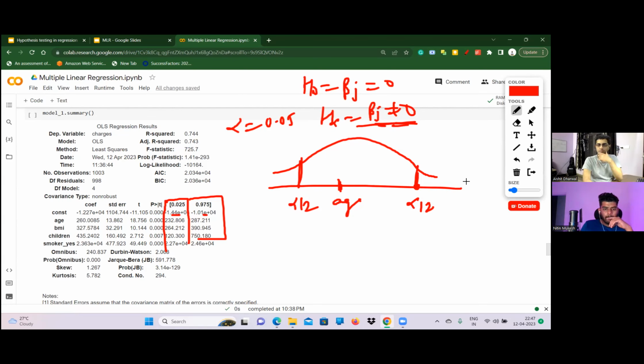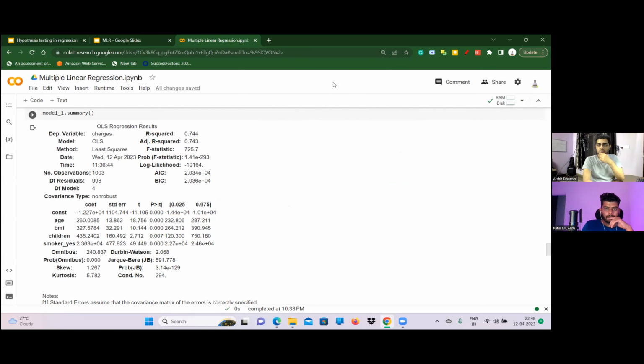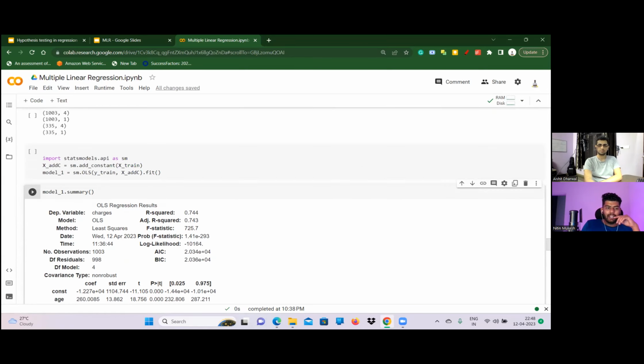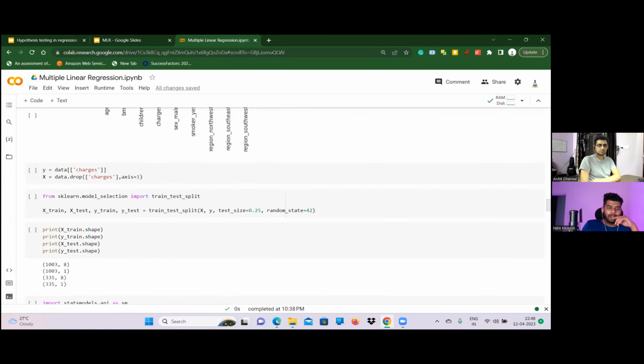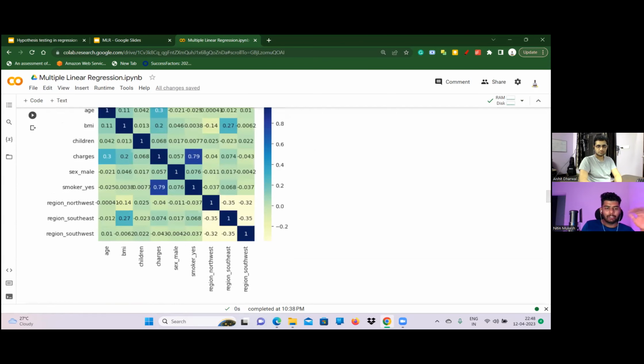So we have some questions. What do we do when we find multicollinearity? Do we need to drop the columns? So for example, charges and smokers. So no, you just interpreted it wrongly. Charges and smokers does not have multicollinearity because charges is your y, it is not your x.